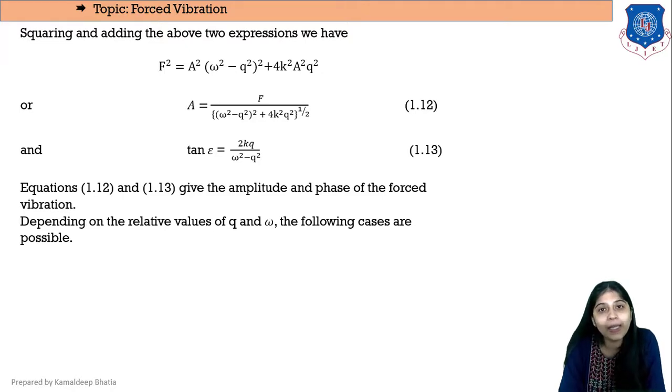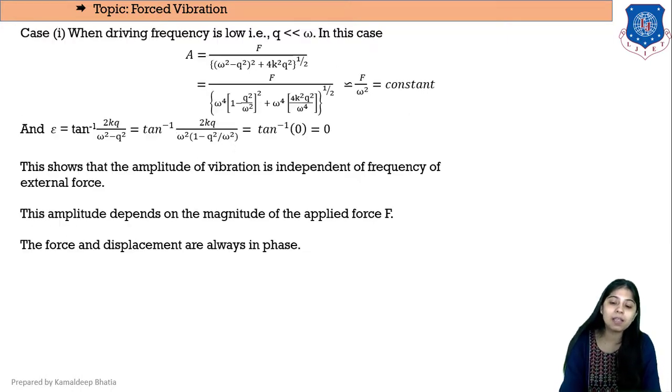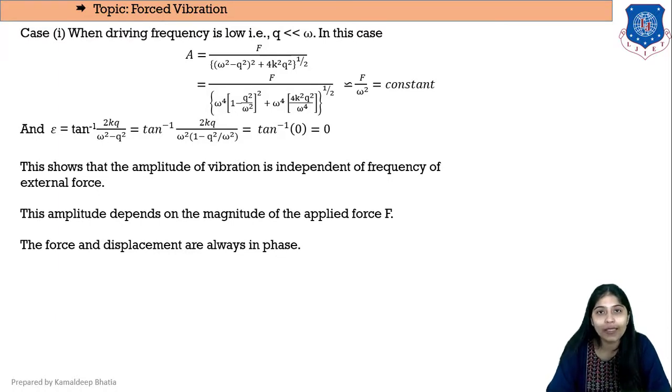Depending upon the relative values of q and ω, a few cases are possible. Case 1: the driving frequency is low, that is q is very much less than ω. In this case, we know that a = F / [(ω² - q²)² + 4k²q²]^(1/2).